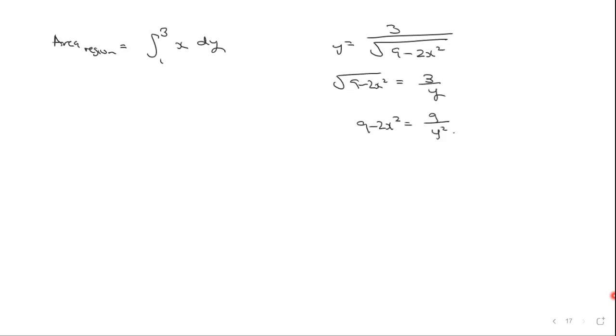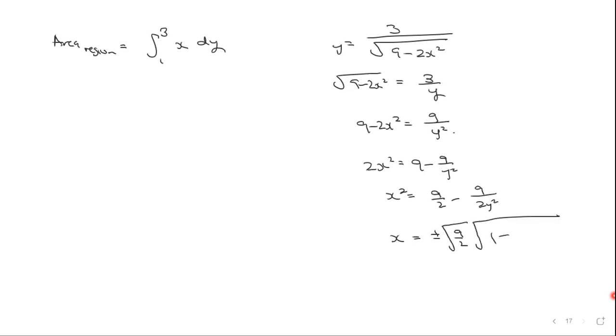So that means 2x squared is equal to 9 minus 9 over y squared, so x squared equals 9 over 2 minus 9 over 2y squared. That means x must equal plus or minus 9 over 2 times the square root of 1 minus 1 over y squared.